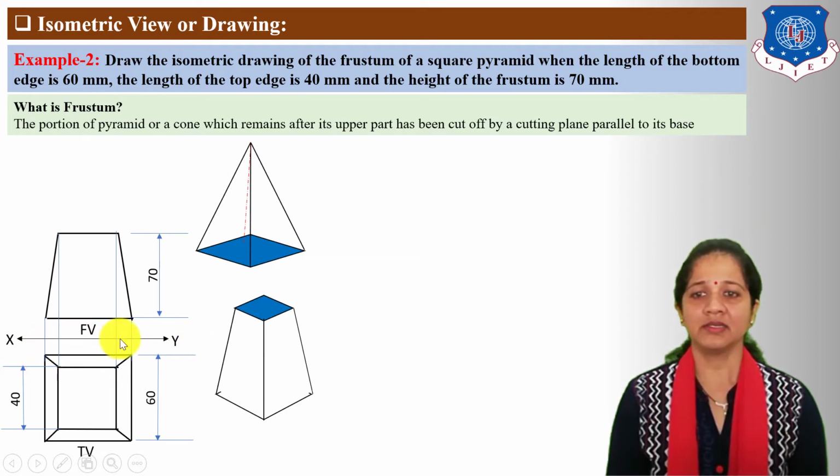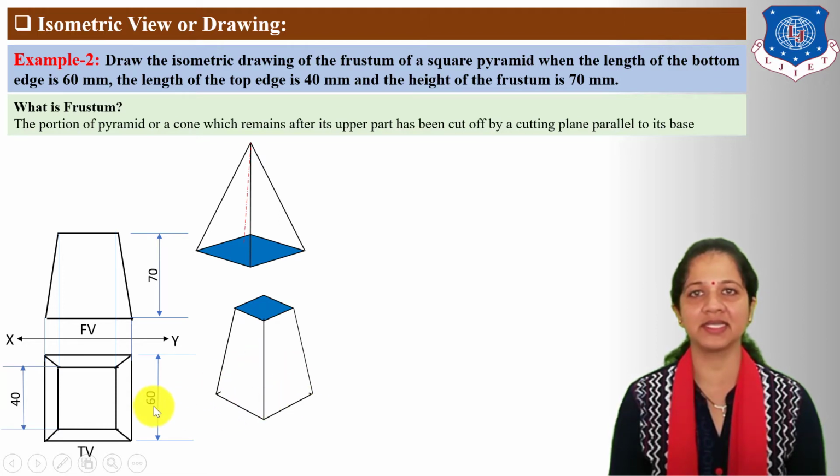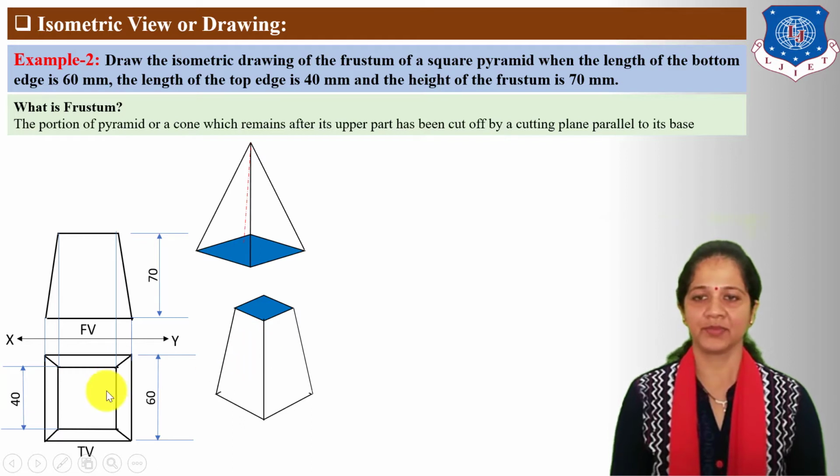Now this is the top view of the frustum of the square pyramid. From the top direction we cannot see height. The size of the base is given 60 mm and the size of the square edge after taking the section is given 40 mm. This is the front view of the frustum of the square pyramid.